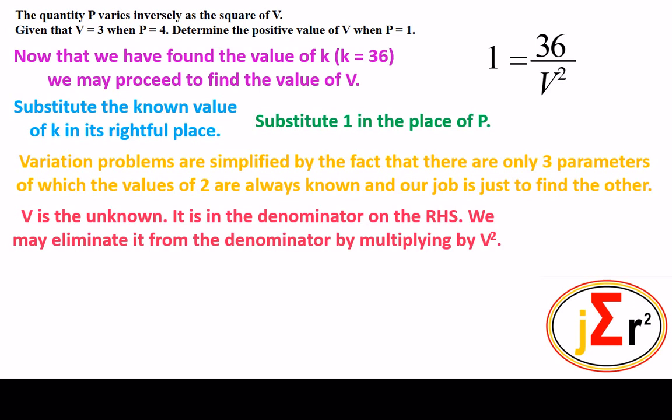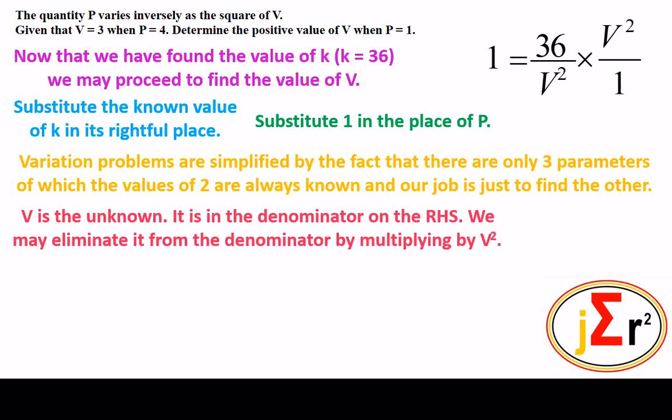But when we eliminate the unknown on one side of the equation, we will have an occurrence of that unknown on the other side. So it will not vanish from the equation entirely. Because if it is entirely vanished from the equation, we will not have any unknown. As a matter of fact, it is not possible for us to do so. So we have no difficulty eliminating it from the denominator on the right hand side.